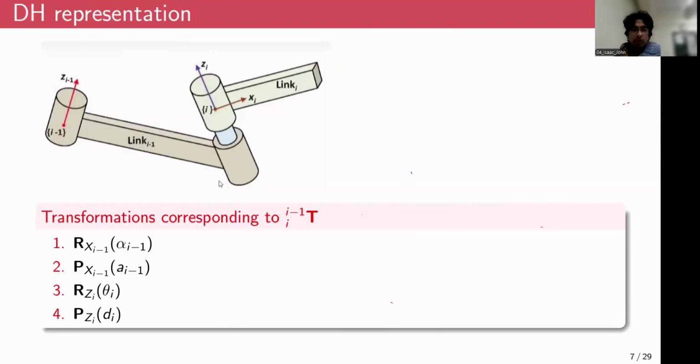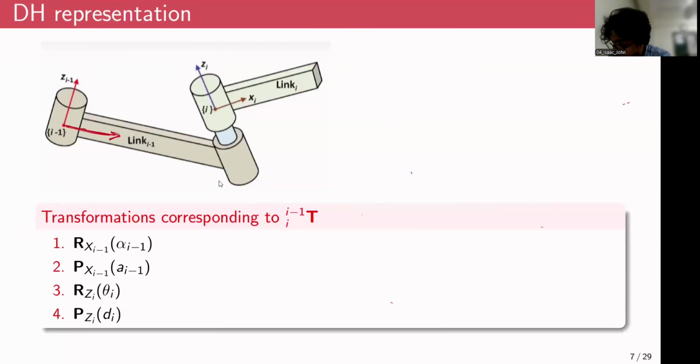Should be perpendicular to both, should be a common perpendicular to both Zi-1 and Zi. So once we have determined that, we can assign the x-axis. So I'll just represent it like so.